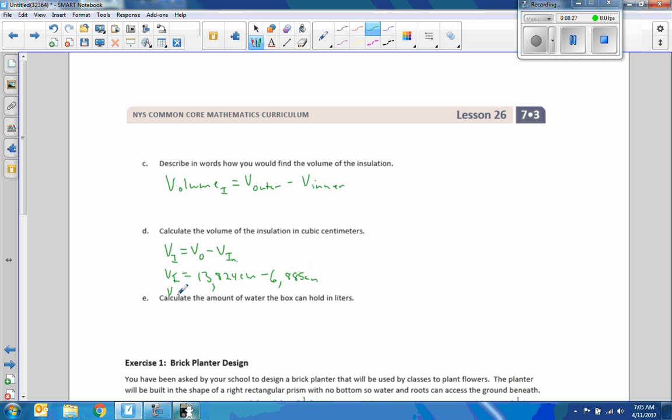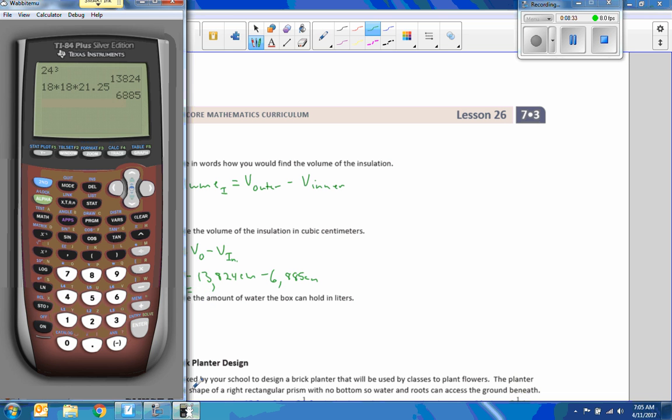So the volume of the insulation equals 6,939 cubic centimeters.